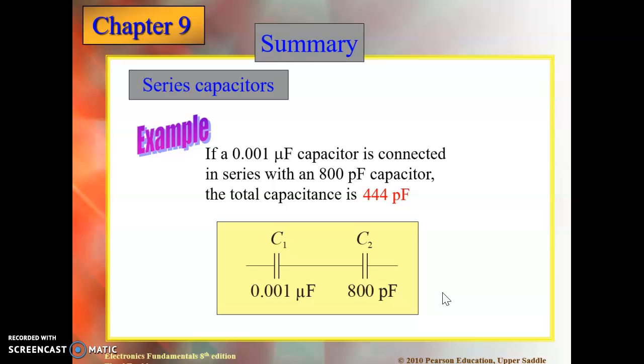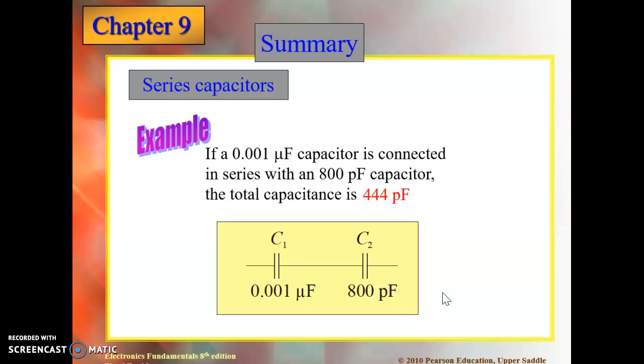Let me see what I get here. Okay, so the answer that they are getting is 444 picofarads.